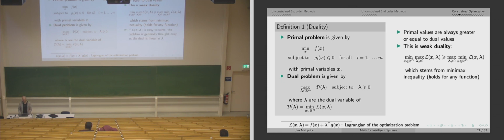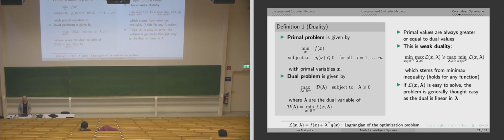And then there is strong duality. Strong duality means that the solutions are equal. And that holds for a class of functions, which are the convex functions. And we'll talk about what convex functions are right now. But just before I say that, if it's easy to solve the Lagrangian with respect to the primal variables, then solving the dual problem is super easy.